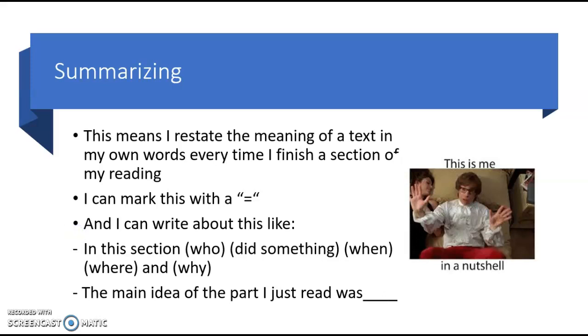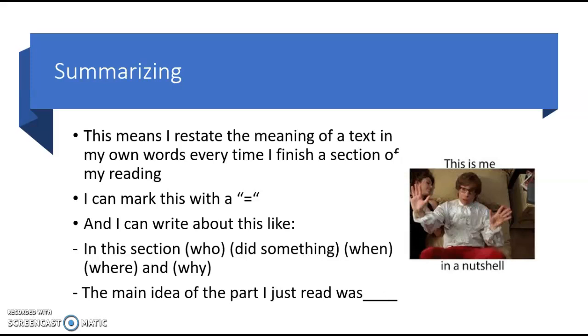Next is summarizing. Summarizing means I am restating the meaning of a text in my own words every time I finish a section of my reading. I can mark this with an equal sign, and I can write about it by using sentence starters such as, in this section blank, or you could say in this section someone did something, and then you can write when it happened, where, and why.